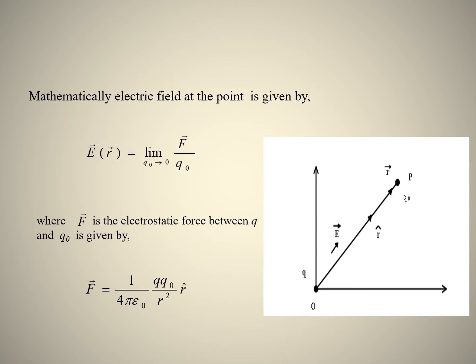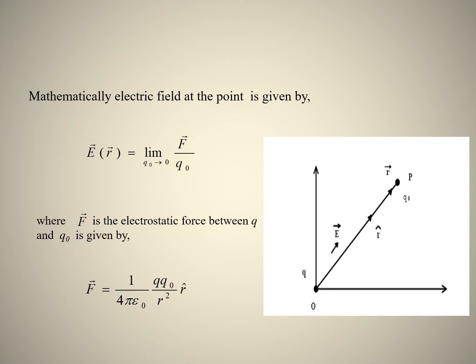And the electric field acting on the test charge Q0 due to the charge Q is given by E is equal to limit of Q0 tending to 0 F by Q0. And it is the mathematical definition of electric field.